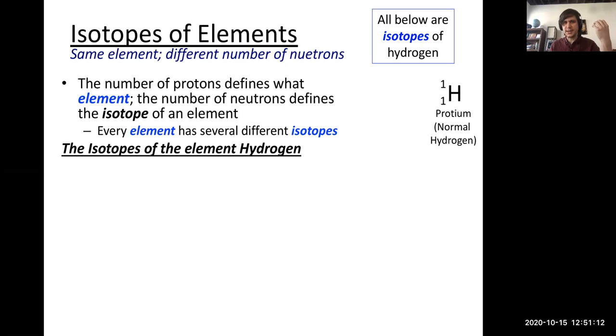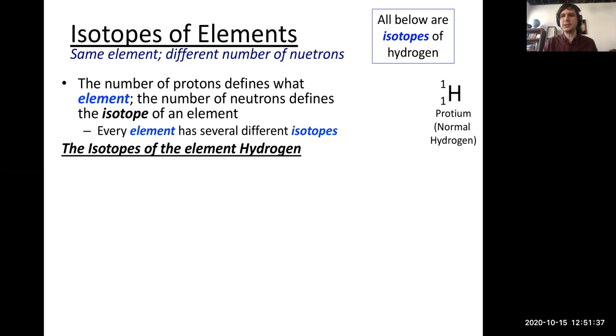So you have, say, a carbon atom that has 6 protons and 6 neutrons. That would be one isotope of carbon. You could have carbon that has 6 protons and 7 neutrons, a different isotope of carbon. An atom that has 6 protons and 8 neutrons in the nucleus, a different isotope of carbon. So every element has several different isotopes.